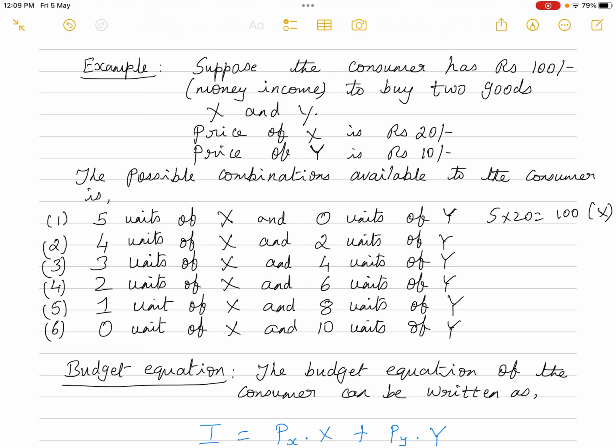Okay, so that is one extreme, and the other extreme is the combination 6. On the other hand, if he wishes to spend the entire money income on commodity Y, how many units can he purchase?